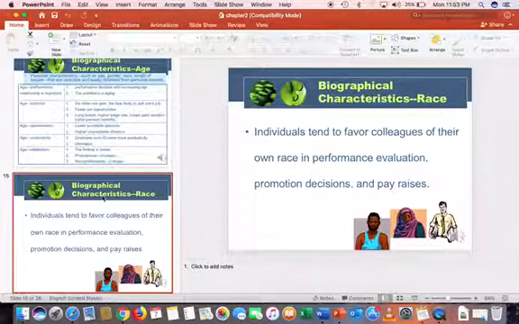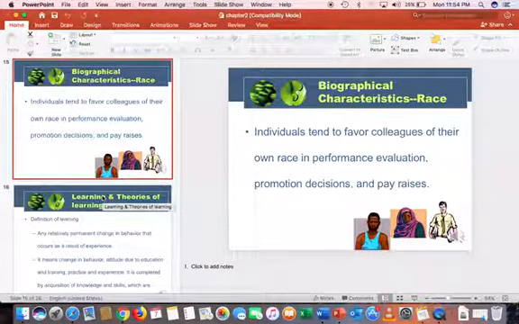Also, single and married people have different performances. Singles will of course provide good performance, while married people will not provide that much performance as compared to singles, because they have lots of stresses and tensions from their families.